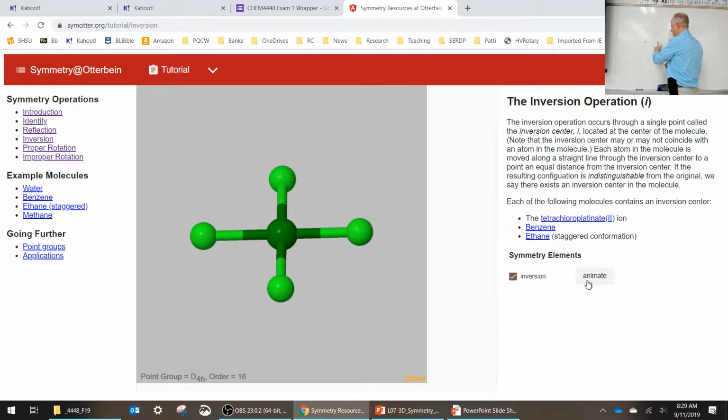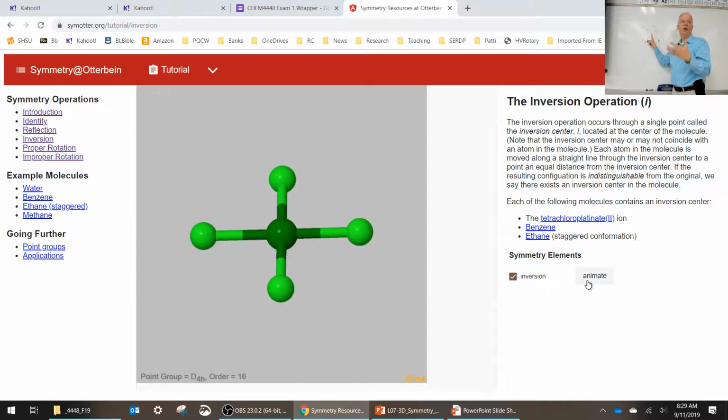So let's change this back to a hydrogen. So the center of mass for benzene is right there in the middle of the molecule, and there's no atom there. Okay, so you don't have to reflect through a particular atom, you reflect through the center of mass. In fact, that point right there is the point of the point group.